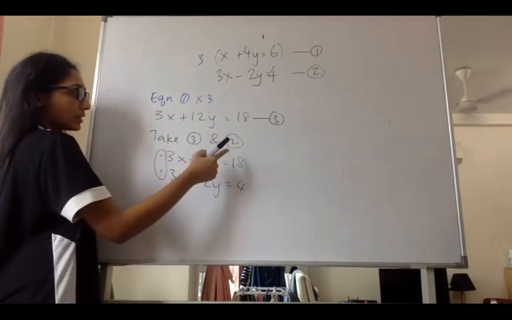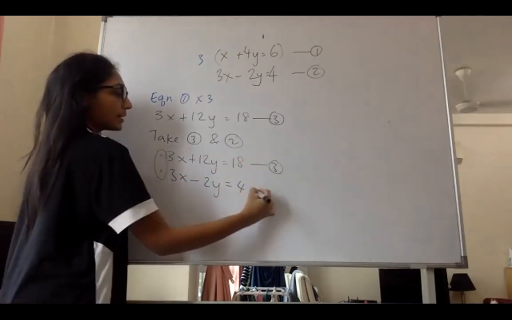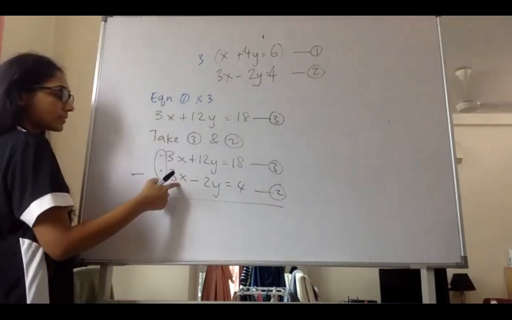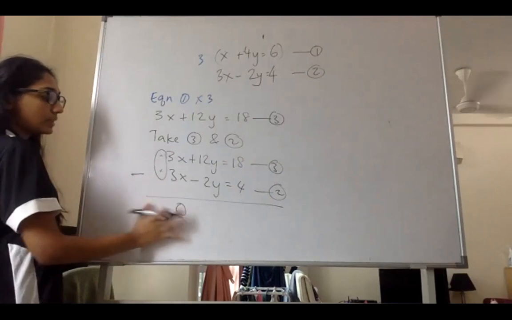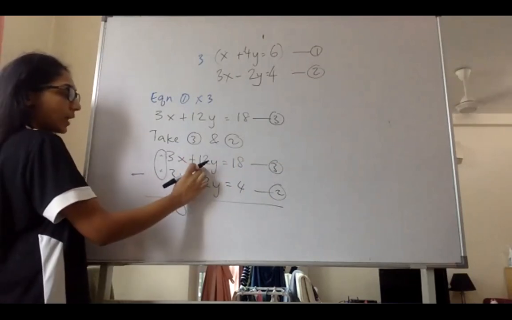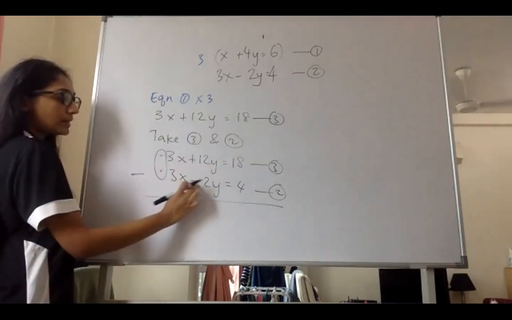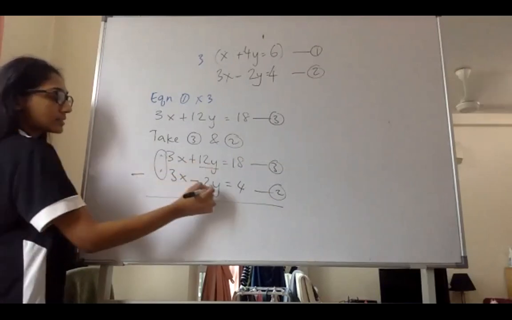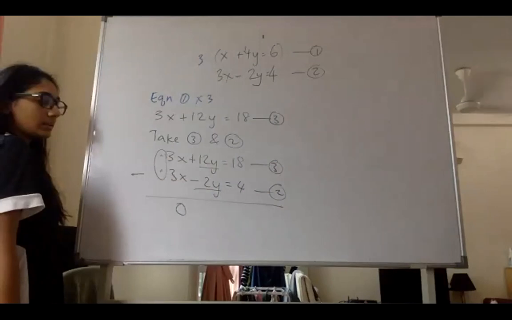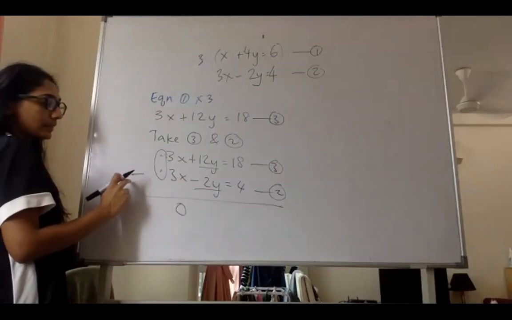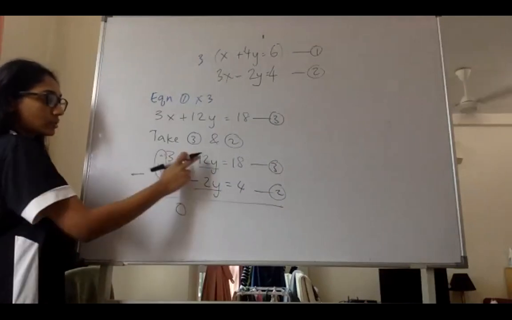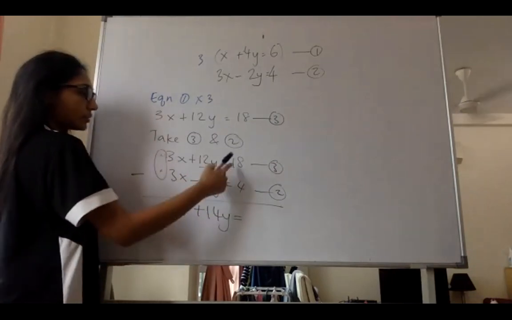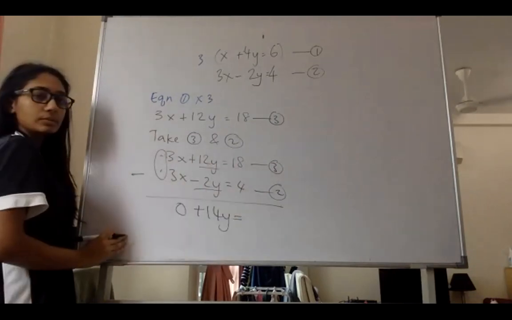So I take equation 3 minus equation 2. 3x minus 3x is 0, so I've eliminated the x. 12y minus 2y is 14y, and 18 minus 4 is 14.